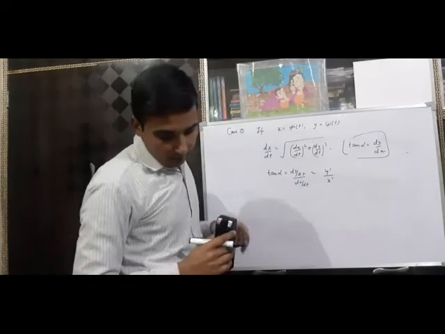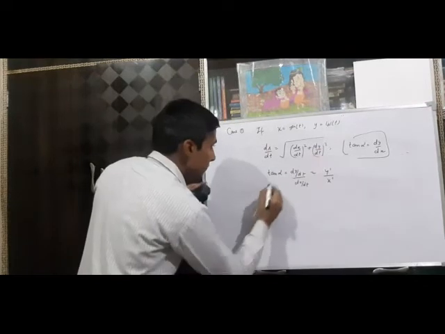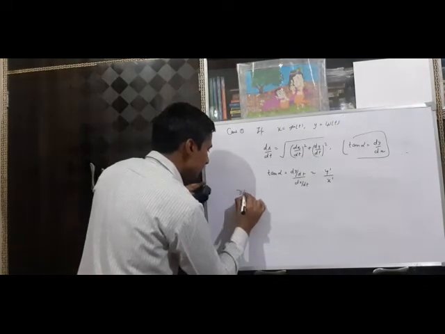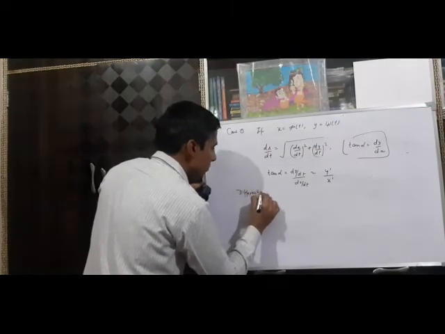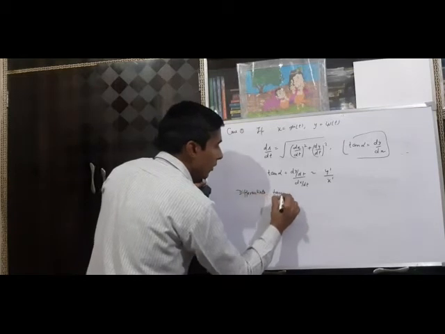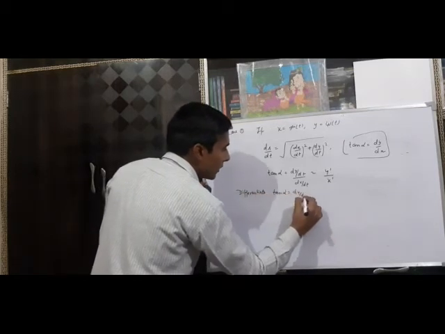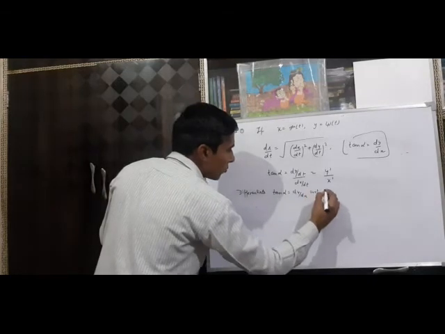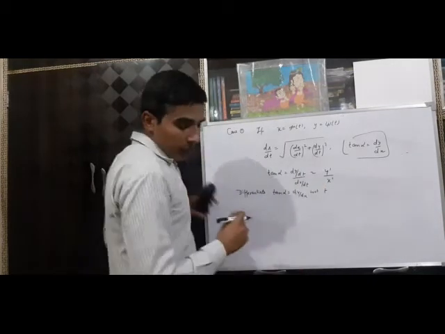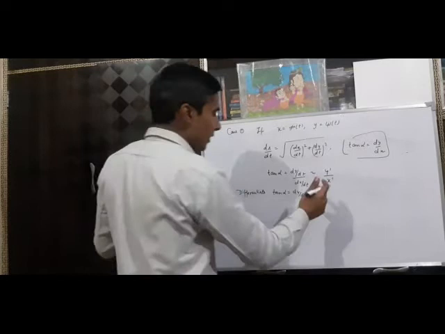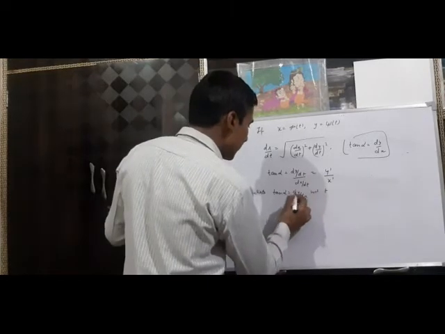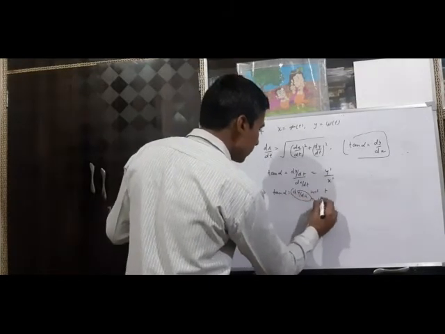What we will get here? Differentiate tan alpha equal to dy by dx with respect to t, both sides. So we will get here, dy by dx, tan alpha, is also y prime upon x prime.